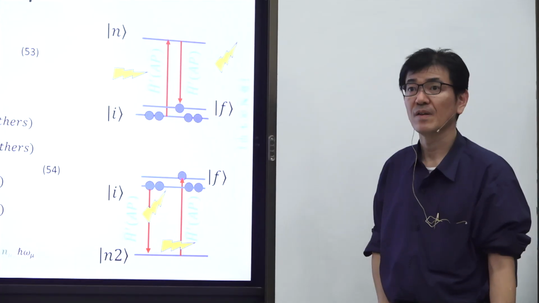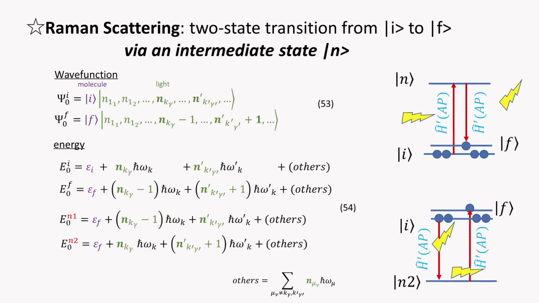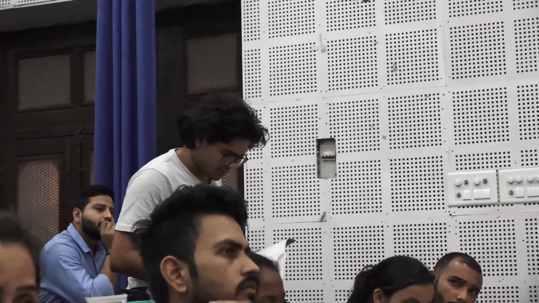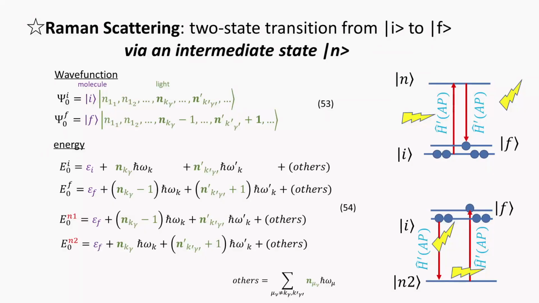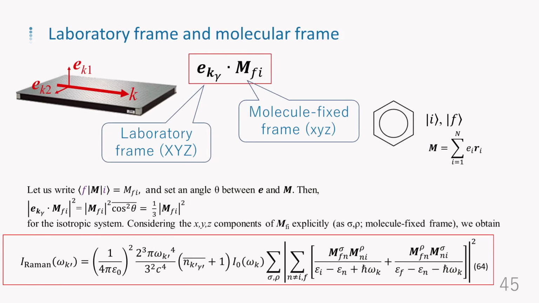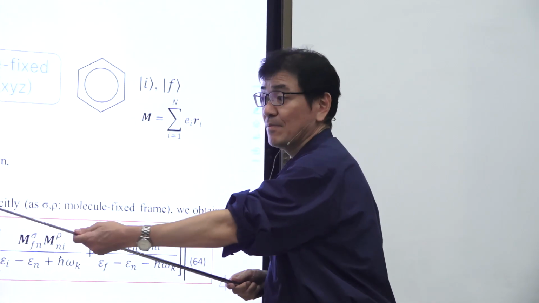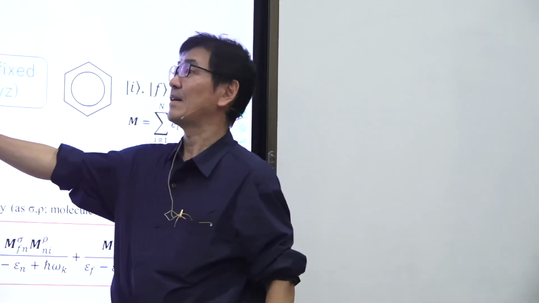And sir, after some point, there was a term where cos square theta was considered 1 by 3. Sorry. There was a term where cos square theta was considered 1 by 3. You mean the spatial averaging? Yes. So, as I explained, the polarization of the laser beam is defined in the laboratory.